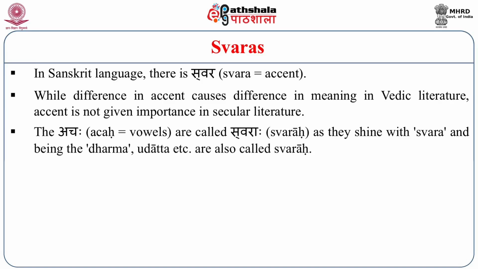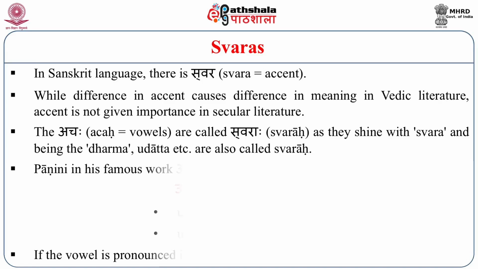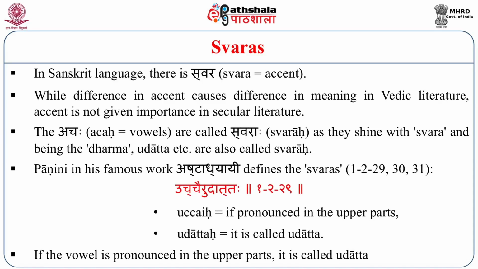Swayan rajante iti swaraha, as they shine with swara, and being the dharma, udatta, etc. are also called swaraha. Panini in his famous work Ashtadhyayi defines the swaras, all the 3 swaras. Main swaras are 3. There are more swaras, but importantly these 3 are taken.